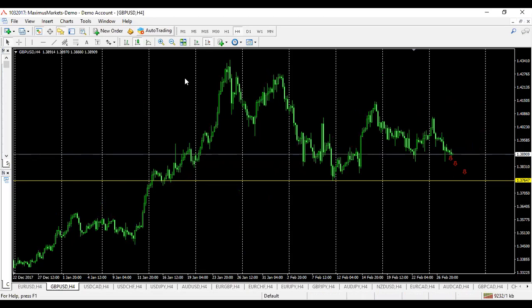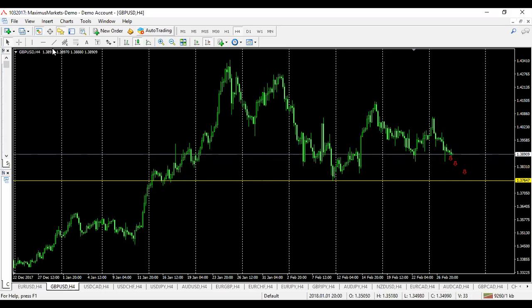If it's an uptrend, then know that you are going to connect the higher lows using a line. If it's a downtrend, you are going to connect the lower highs using a line.